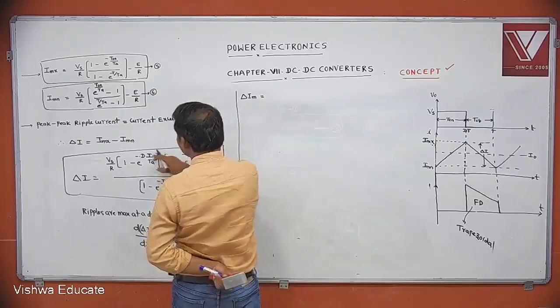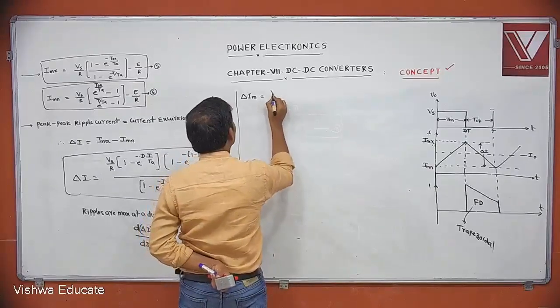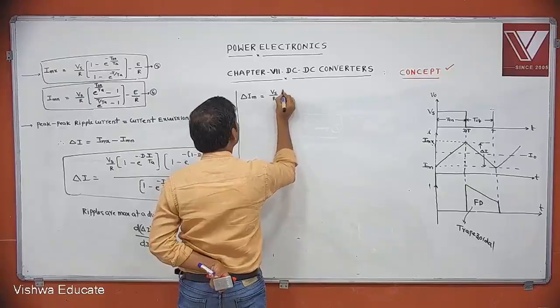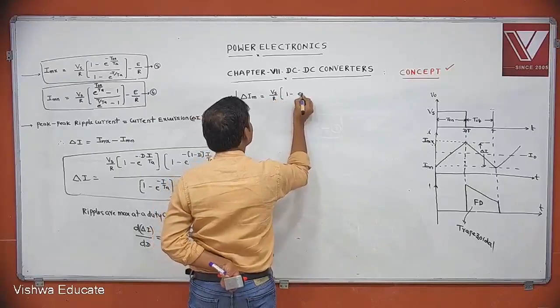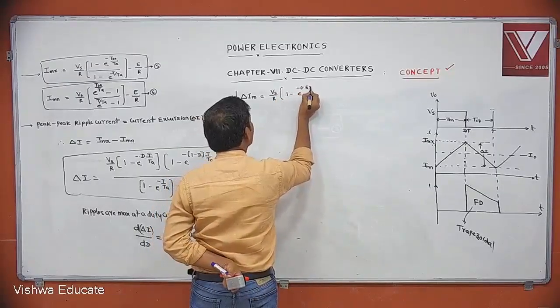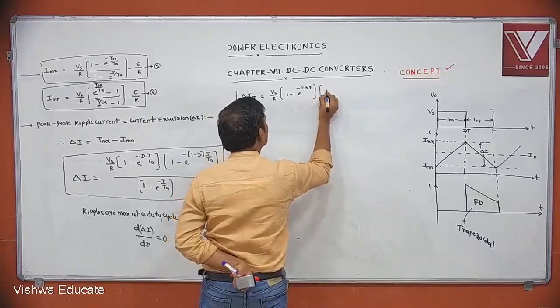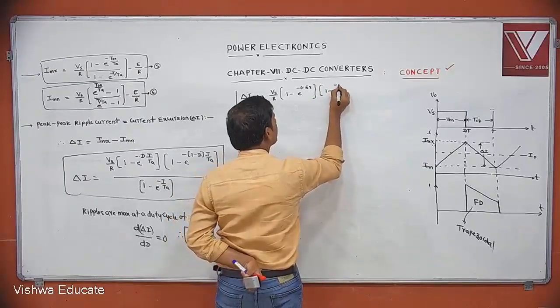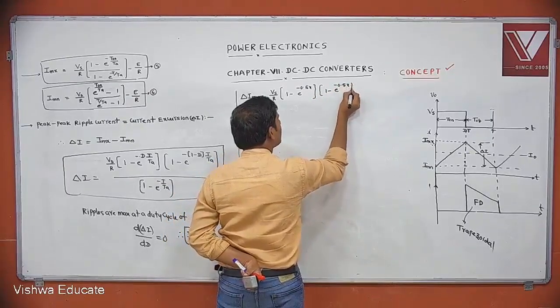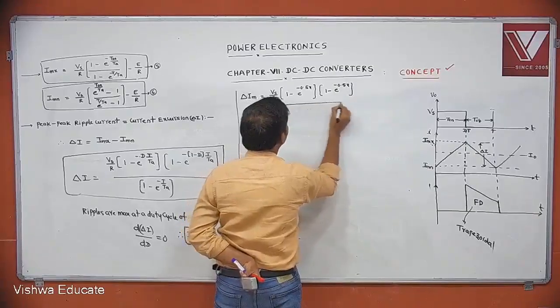Assume that T by TA equal to x. Then we get Vs by R into 1 minus e power minus 0.5x into 1 minus e power minus 0.5x.